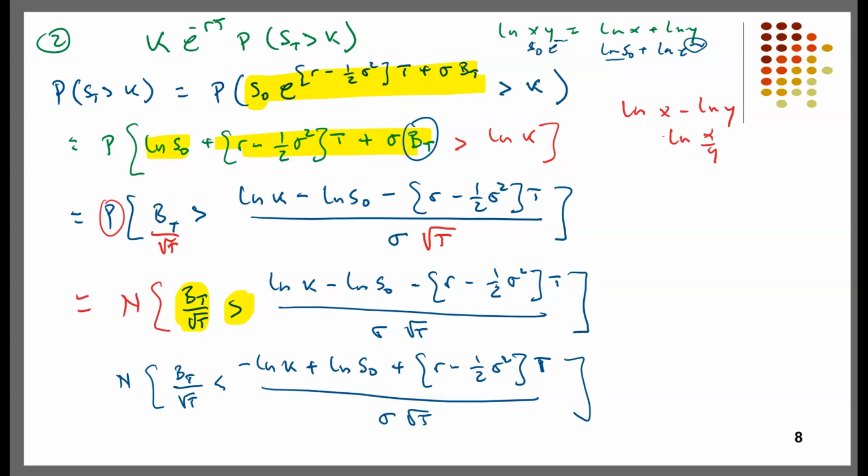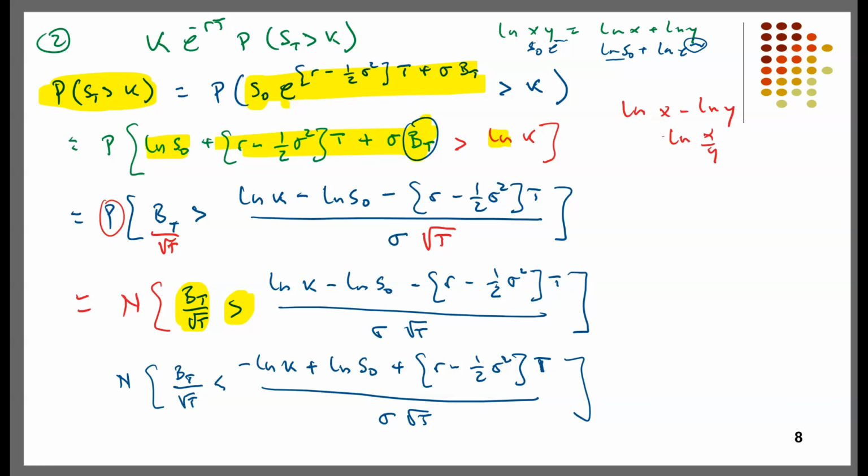This can be read directly from our normal probability table. What we were working on here was just trying to find the probability that the stock price is greater than the strike price. We substituted ST by its value. We took the log of both sides in order to get rid of the exponential function. And we divided both sides and isolated Bt because that's the only random variable that we have there.